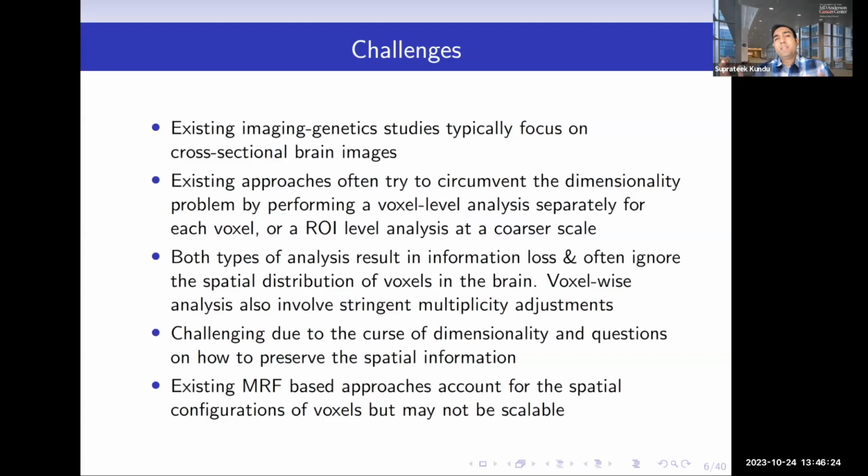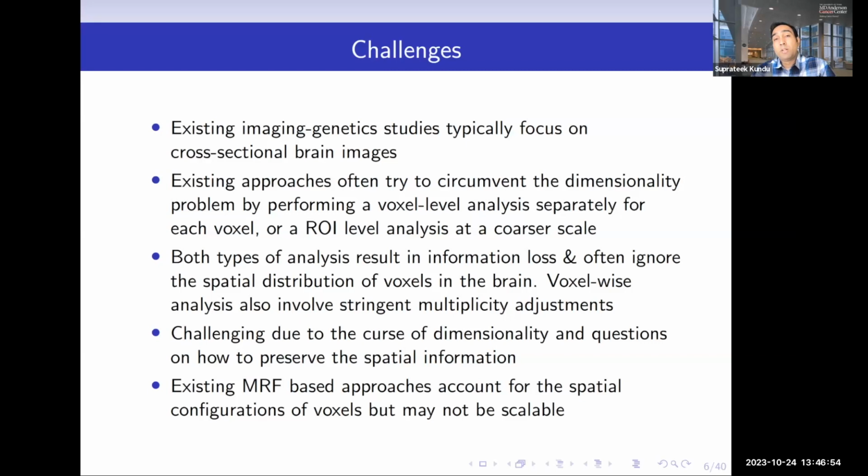So both types of analysis, if you think about it, are going to result in information loss. Obviously, if you're looking at ROI level data, you're going to average over hundreds of voxels, and you're going to lose information that way. And if you're doing a voxel level analysis, but separately for each voxel, then obviously you are not respecting the spatial configurations of the voxels, so you're losing that information. And also you're required to perform these stringent multiplicity adjustments for hundreds of thousands of voxels.